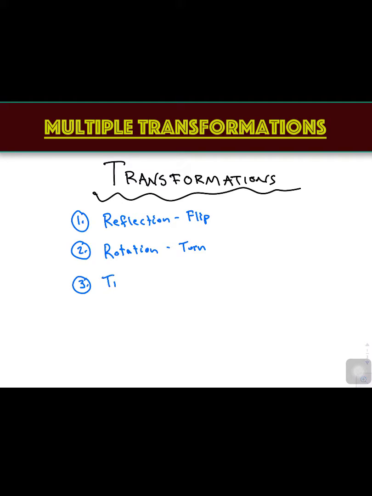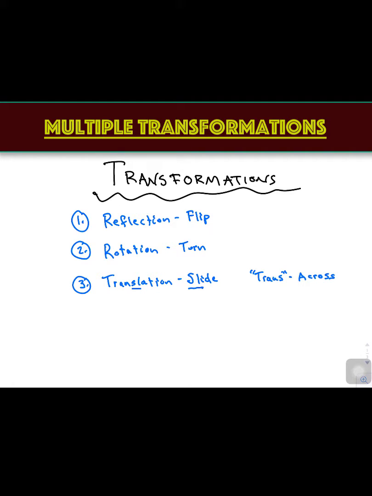We also have translation. Translation means to slide an image. A couple ways to remember that is we got the SL from translation and the SL from slide. Another way that we haven't talked about is actually the stem. Trans means across.